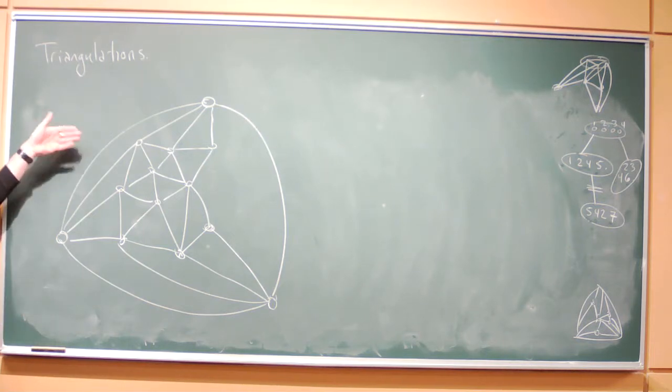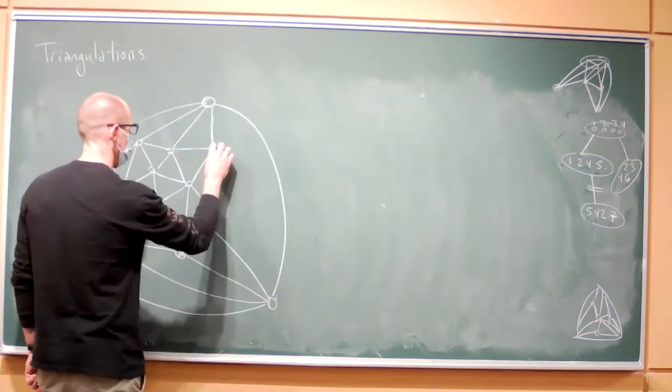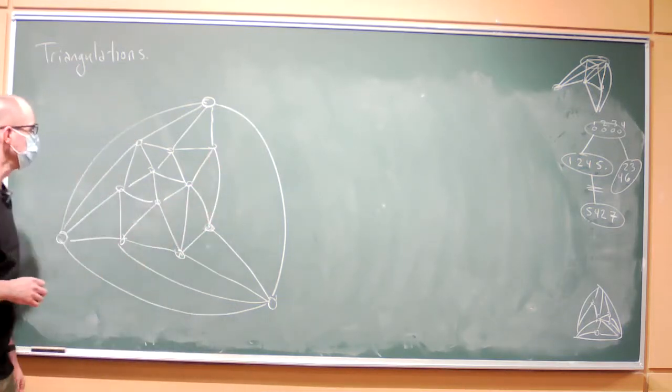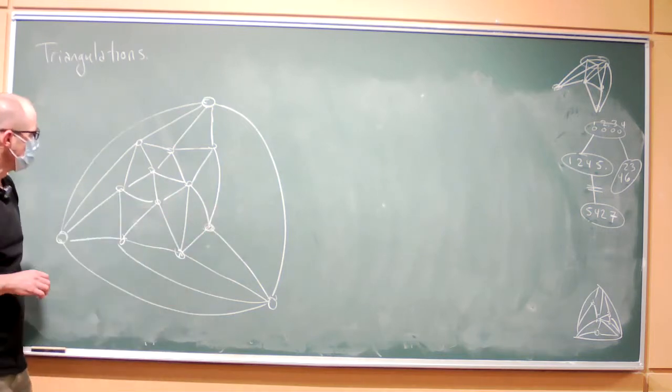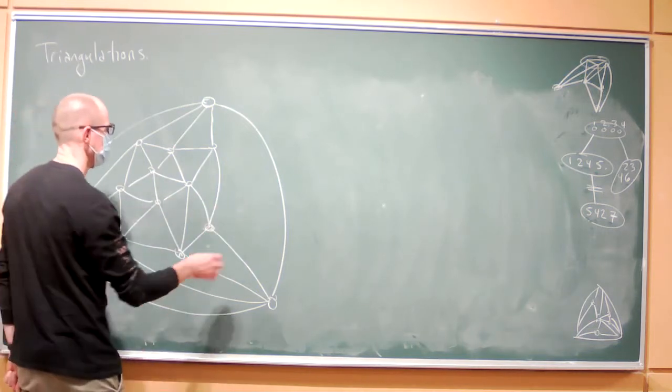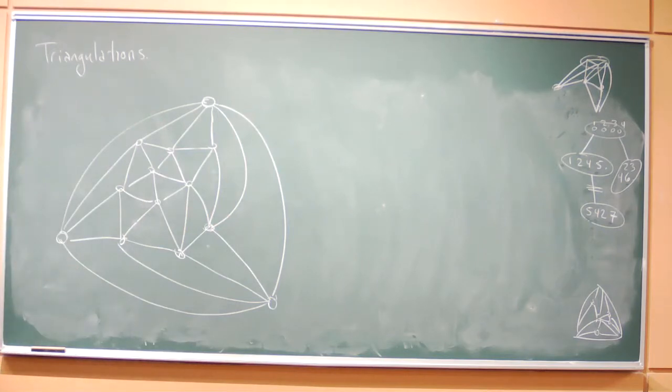So this is not a triangulation because I can put in, for instance, this edge and it's still planar. And it's still not a triangulation because I can put another edge in here, like this one, and it's still planar. And now there are no more new edges that I can add without crossing one of the existing edges.